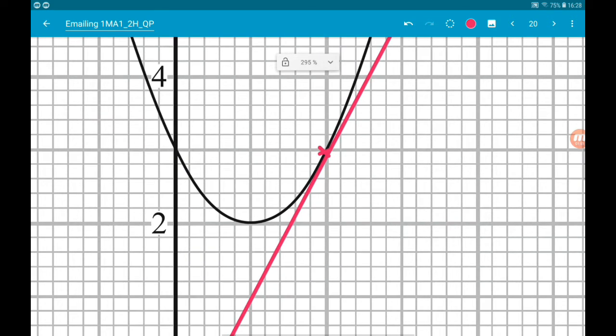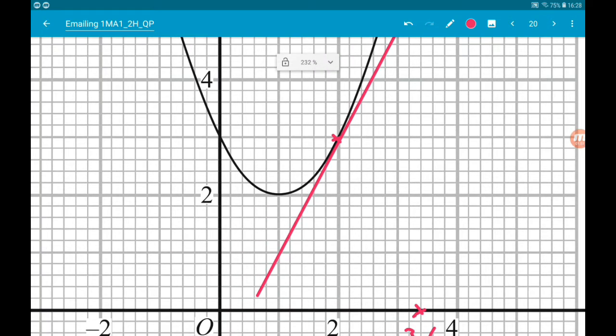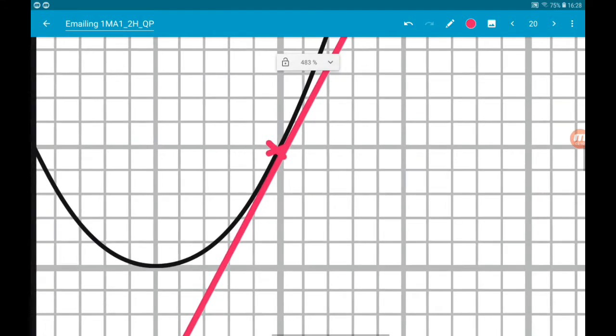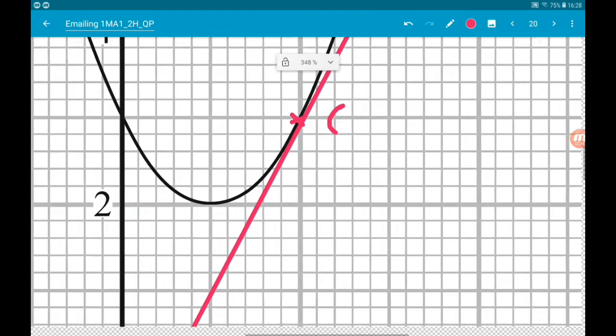Okay, so what we now need to do is work out the gradient of this tangent. Gradient is difference in y divided by difference in x. So we now need to use two sets of coordinates. So this coordinate here, at least, will be nice.